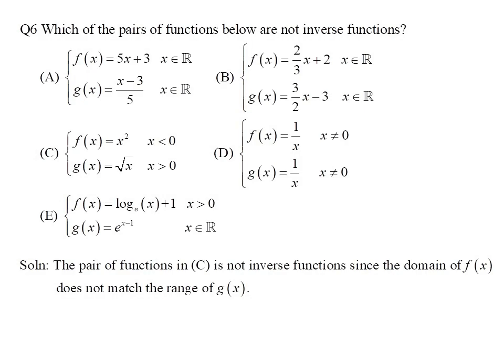The only pair of functions in C is not inverse functions because the domain of f of x does not match the range of g of x. Since the domain of a function must match the range of its inverse function, the answer for question 6 is C.